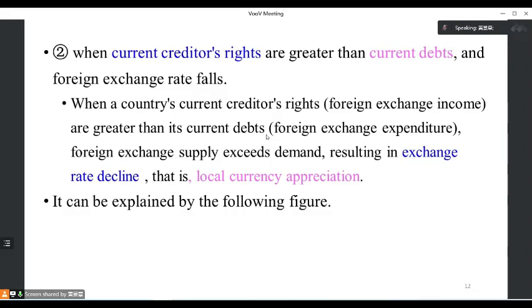This page tells us that when a country's current credit rights, which means foreign exchange income, are greater than its current debts, which means foreign exchange expenditure, foreign exchange supply exceeds demand, resulting in exchange rate decline.